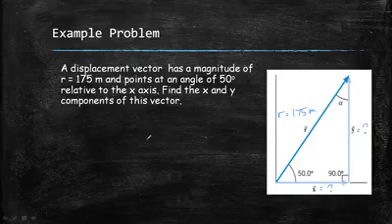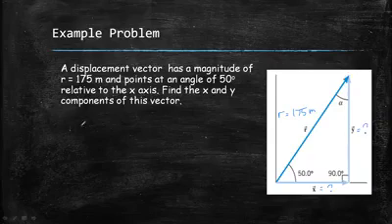As I have said, to solve for the x and y components, we are going to use trigonometric functions. Based on the figure, the right triangle with 50 degrees has an opposite side, which is the y component, and the adjacent side is the x component.